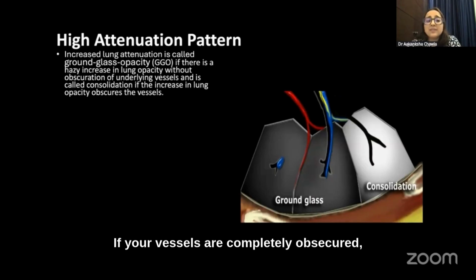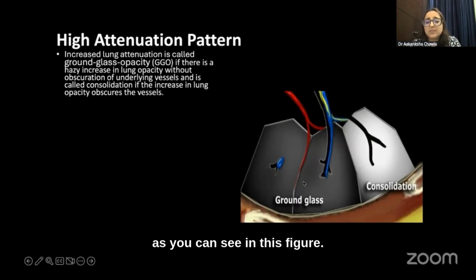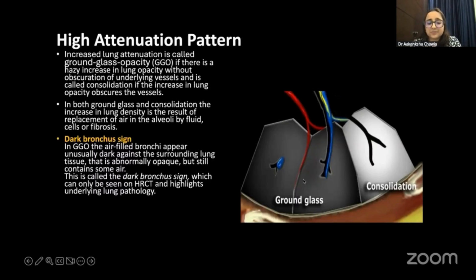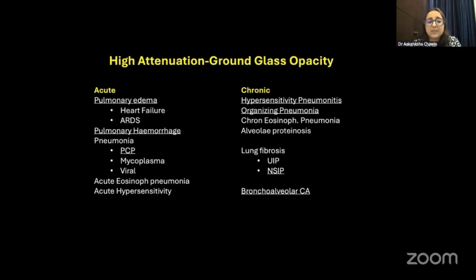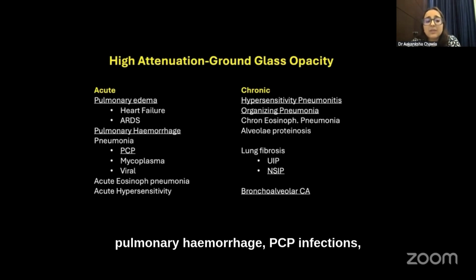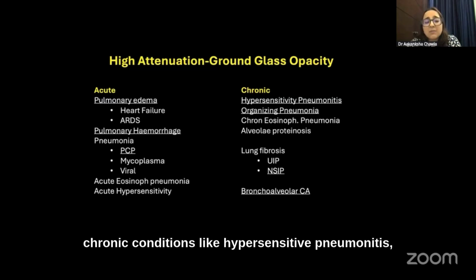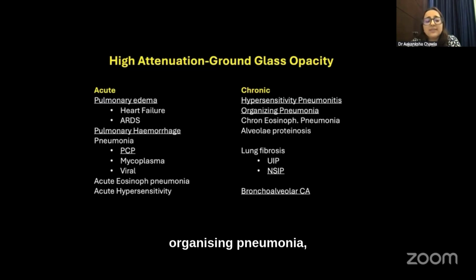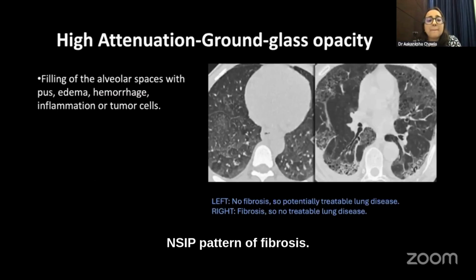If your vessels are completely obscured, then it is a consolidated lung, as you can see in this figure. High attenuation ground glass opacity is seen in acute conditions like pulmonary edema, pulmonary hemorrhage, PCP infections, and chronic conditions like hypersensitivity pneumonitis, organizing pneumonia, NSIP pattern of fibrosis.